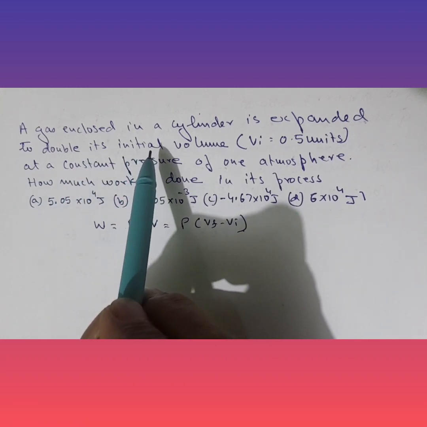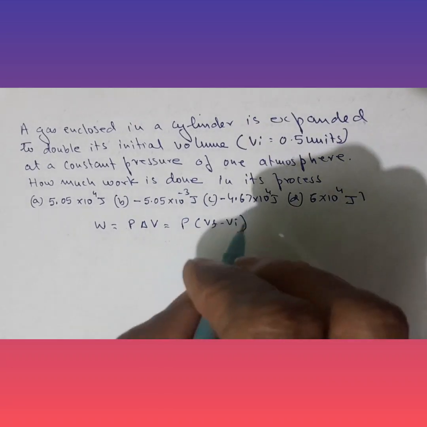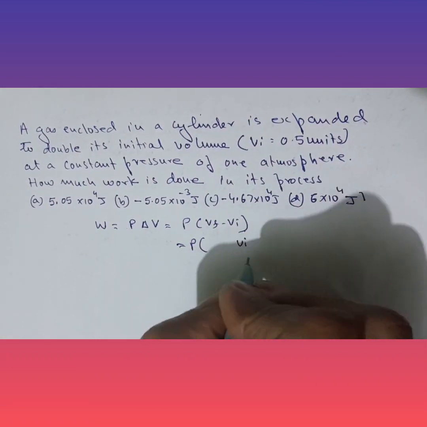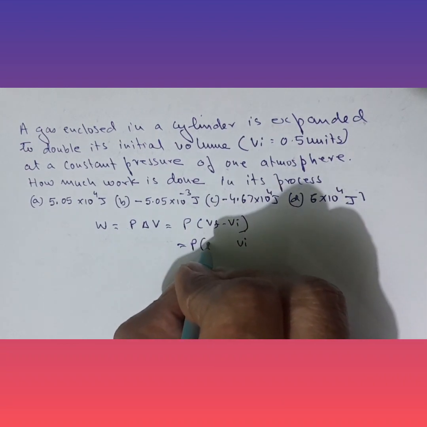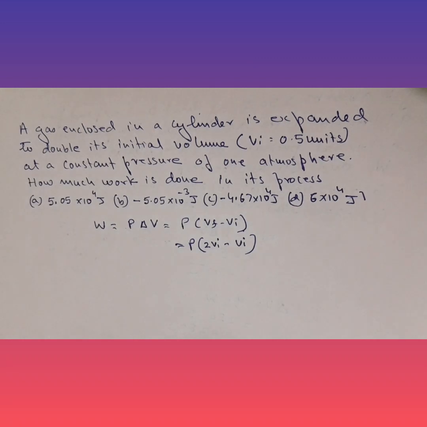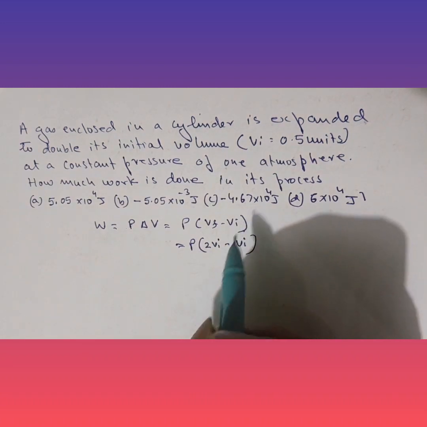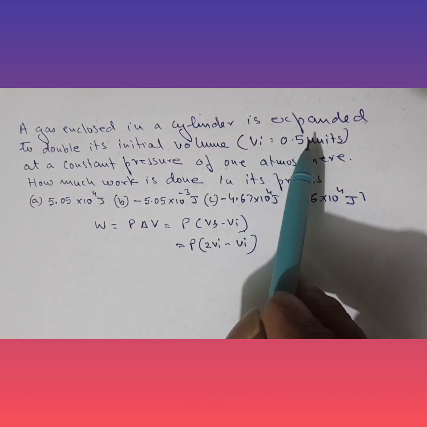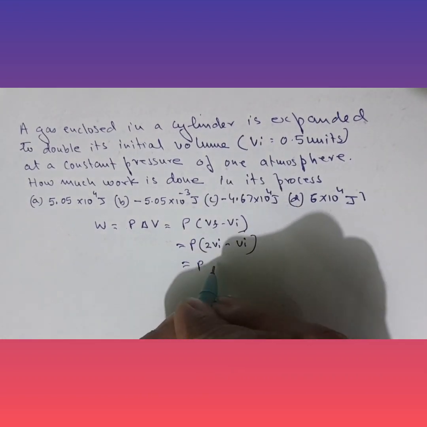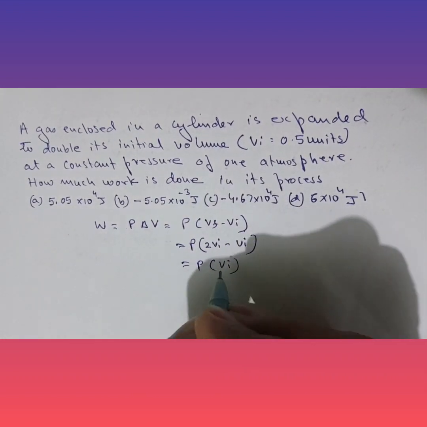If I say that Vi is the initial volume, then Vf would be 2Vi. Vi, they have mentioned, is 0.5 unit. So it would be P into Vi.